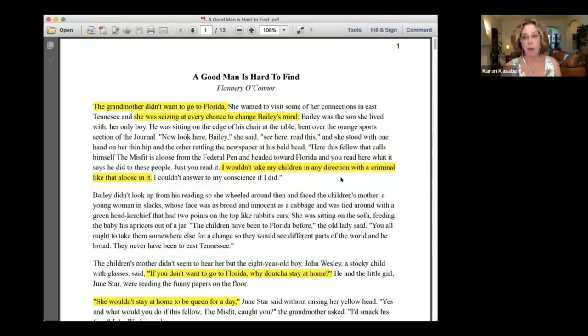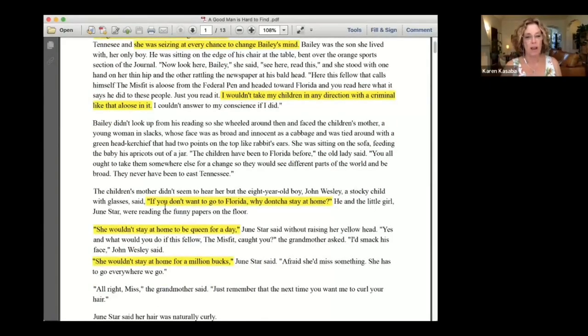The Misfit is probably there. He did bad things to people, and I wouldn't want that to happen to us. So really, because we know this is a story, there's a really high probability that they're going to encounter the Misfit in this story, and that it might even get worse from there.